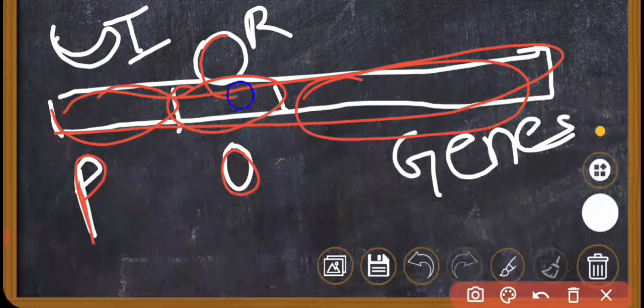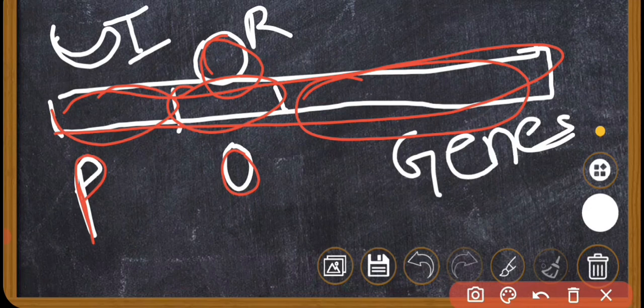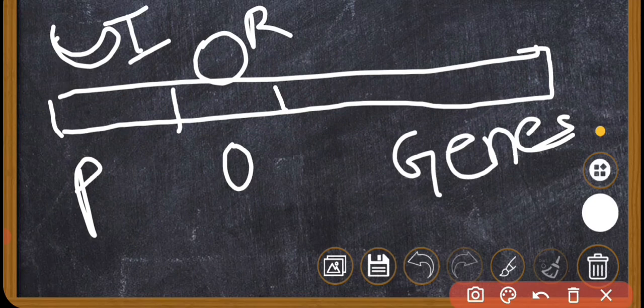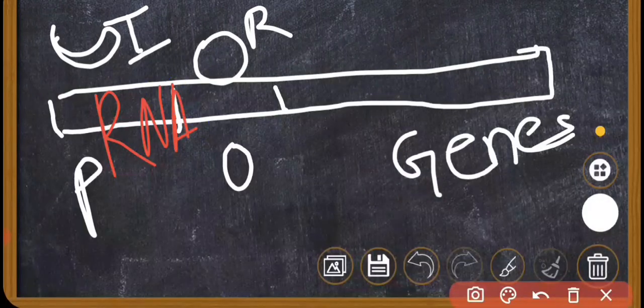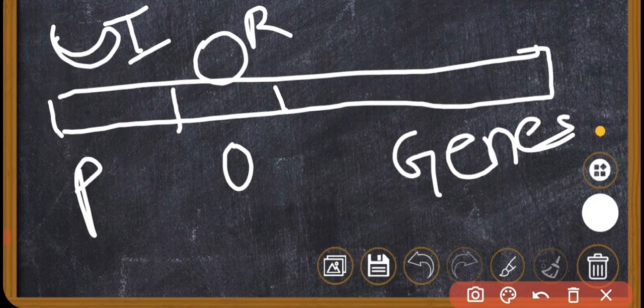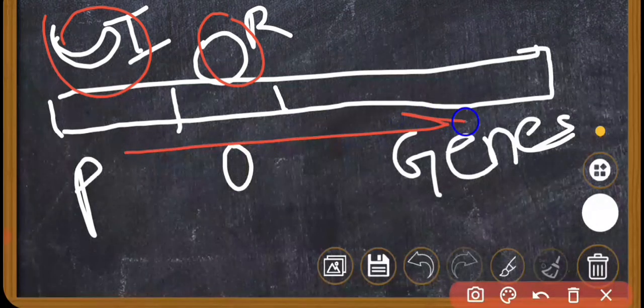One repressor molecule is there which cannot allow the process of transcription, because RNA polymerase will bind here but will not proceed further. So this is the process, and one inducer molecule is there which will bind to the repressor, and by that transcription will proceed.